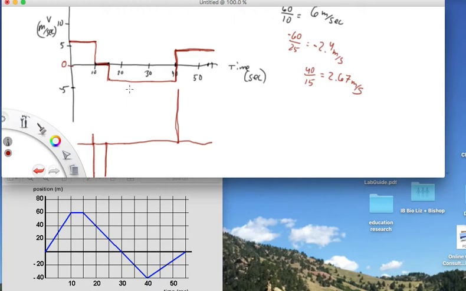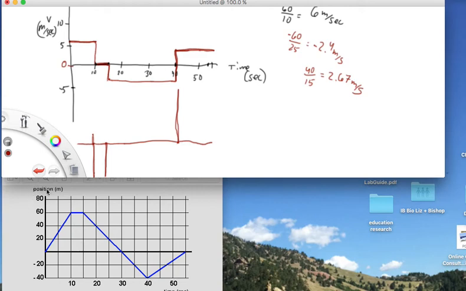In other words, the acceleration versus time graph just shows you the slope of the velocity versus time graph. And the velocity versus time graph shows you the slope of a position versus time graph. Okay? I've gone through how to graph a velocity versus time graph based on a position versus time graph.